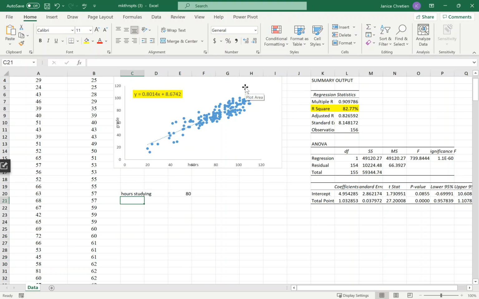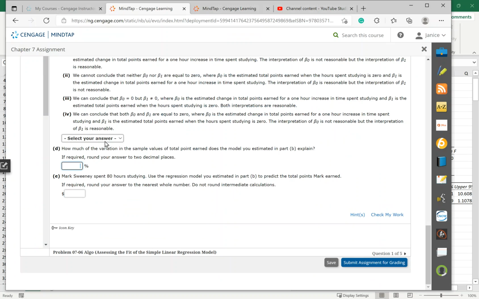So I can plug in the formula: 8.674, because we did that first one three decimals, and I didn't put my equal sign, plus 0.8014 times, we have our x now, it's 80, and our answer is 77.79 if it wants 2 decimals.